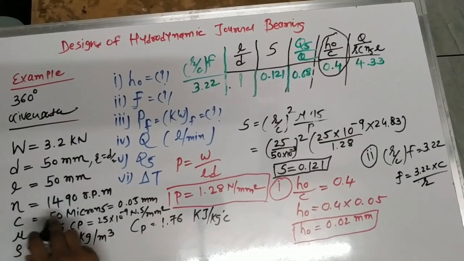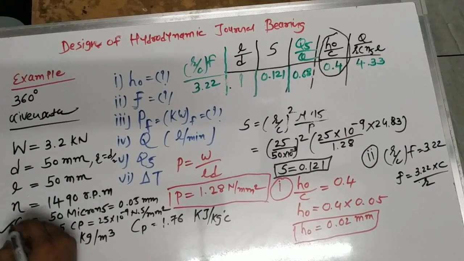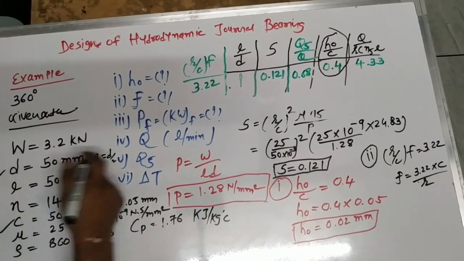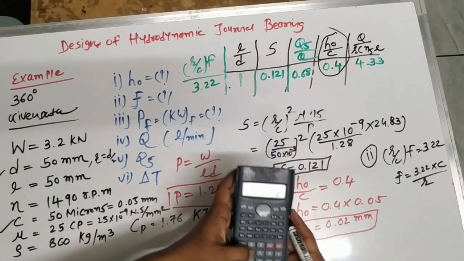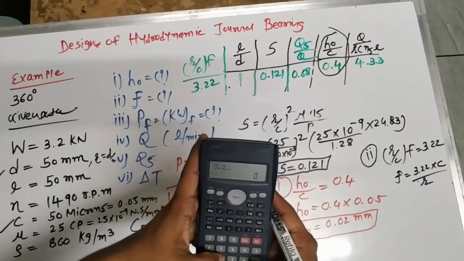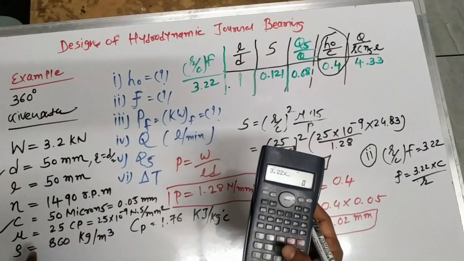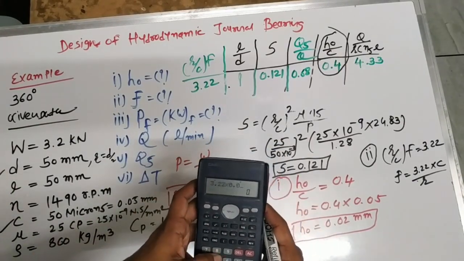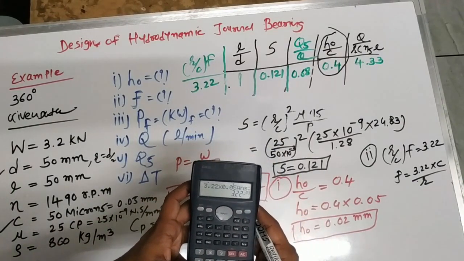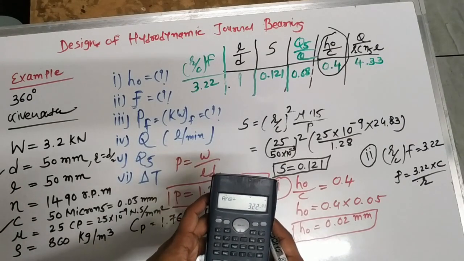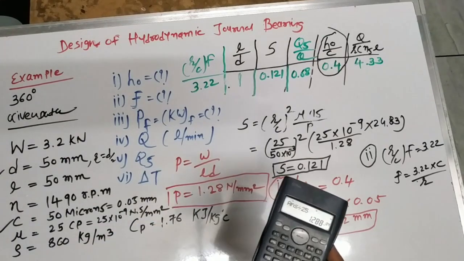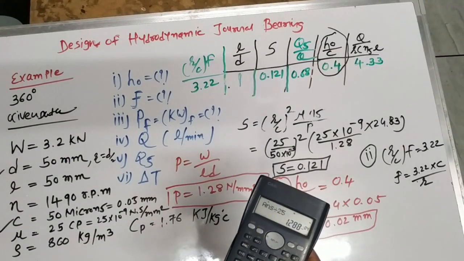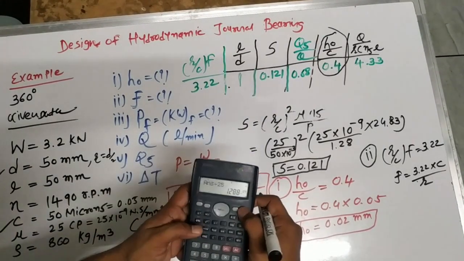You can see that we have C and we have R, right? D is there, so R equal to D by 2. Let us see that. So what is the answer? That is 3.22 into C, that is 0.05 mm, divided by R, and R is, I think, 25, right?